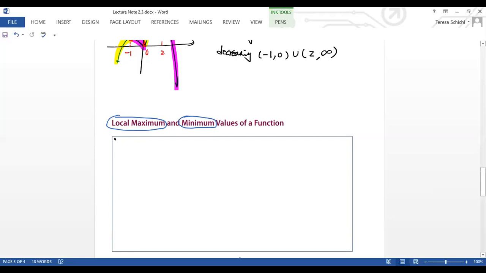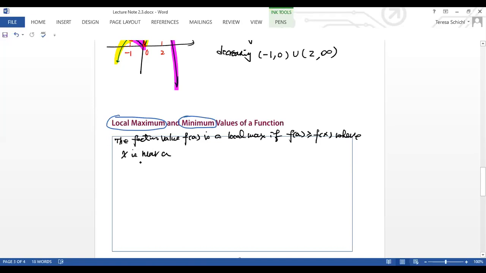We say the function value f of a is a local max if f of a is greater than or equal to f of x, where x is near a.